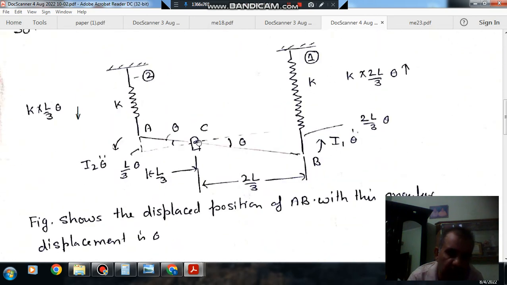Now taking moment about C, it will be I1 theta double dot plus I2 theta double dot, plus K into 2L by 3 theta multiplied by 2L by 3, plus K into L by 3 theta multiplied by L by 3.